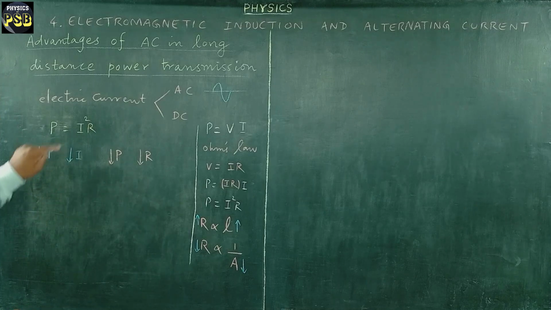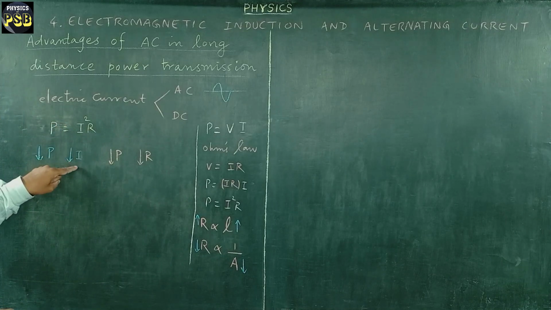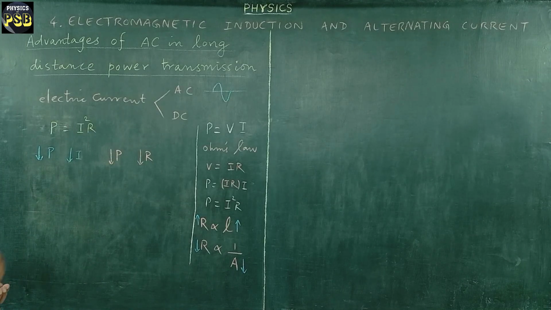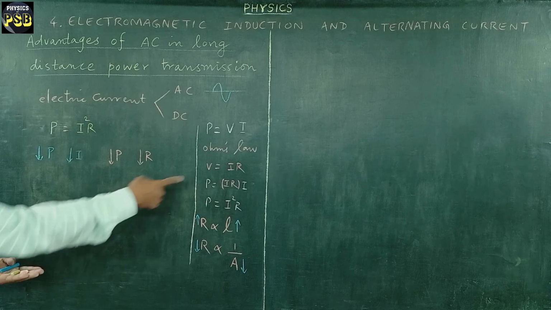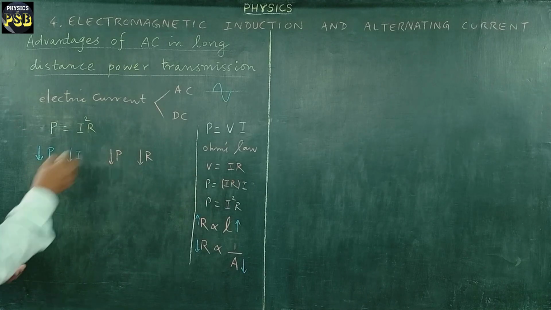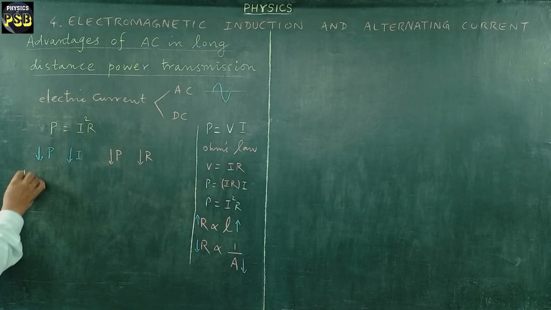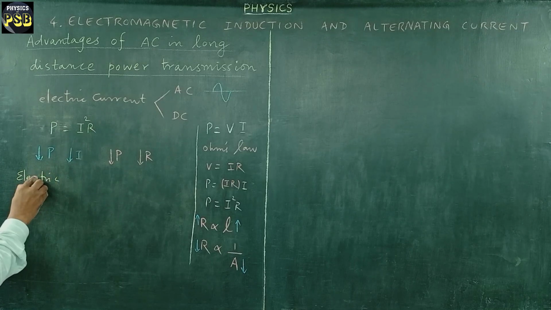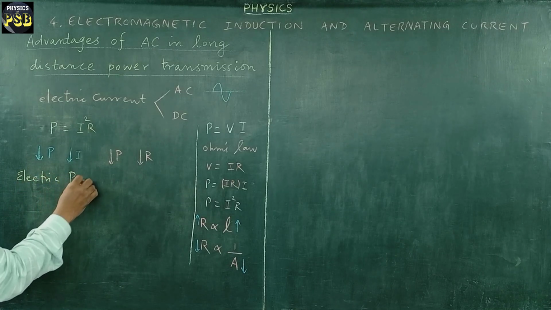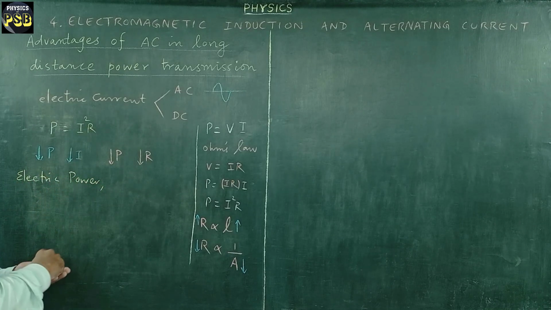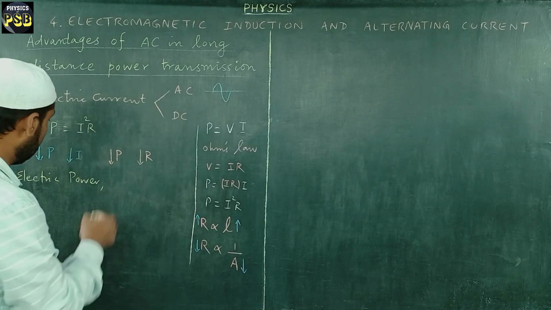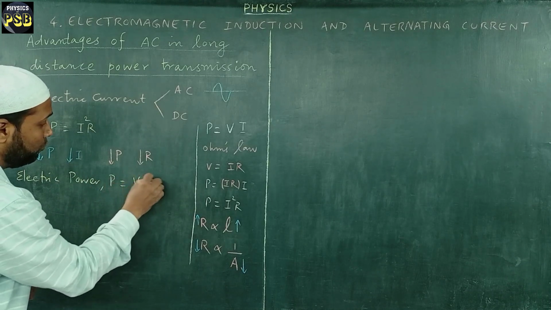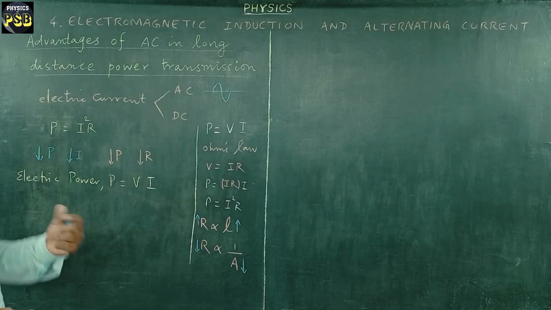The second method: if we reduce the current, the power loss can be minimized. We know electric power is the product of voltage and current.